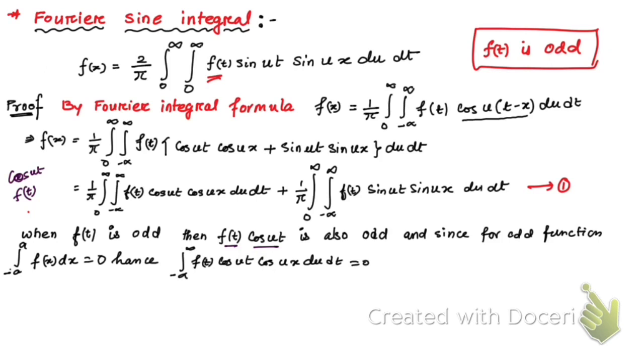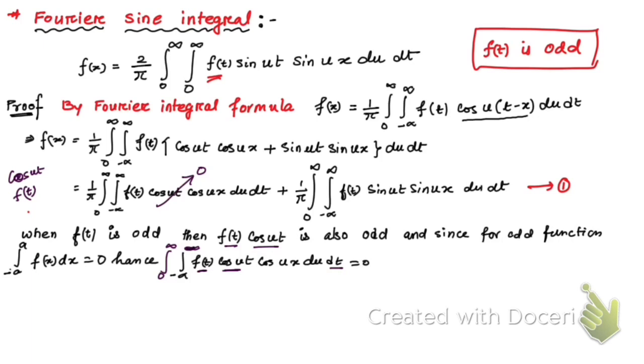Actually here you see this part, f of t cos ut, integration from minus infinity to plus infinity of f of t cos ut dt, that's going to be equal to 0. If that is the case, we can write the double integration from 0 to infinity, then minus infinity to plus infinity, this whole result is going to be equal to 0, right?